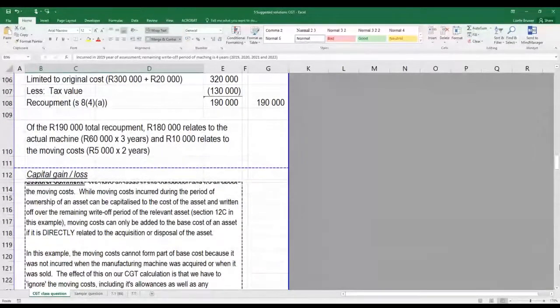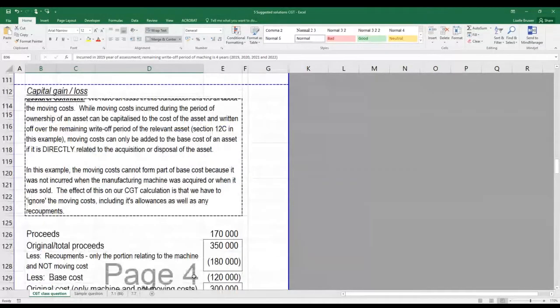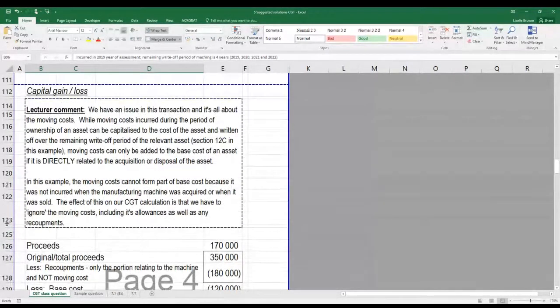Right, now this is very important. And I really want to encourage you that if there's a lecturer comment on a solution, please read through that. Okay. So the issue in this transaction is the moving costs. For purposes of the capital allowance, we can technically capitalize the moving costs to the cost of the asset, and then it's written off over the remaining write-off period of the relevant asset.